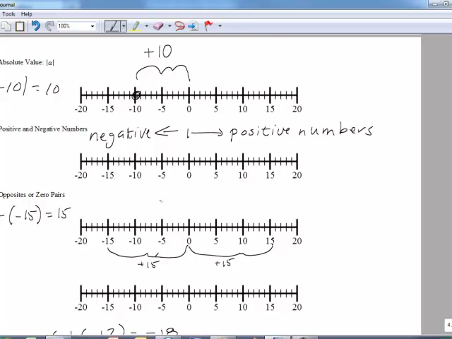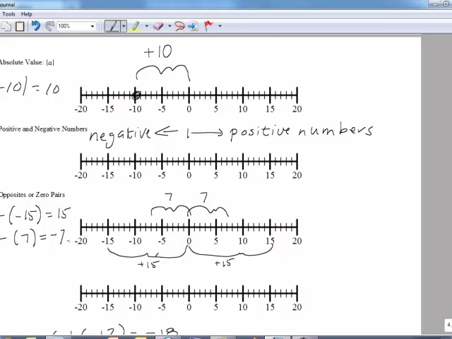Another one, we could say, what is the opposite of 7? The opposite of 7 is, and we can see here, this one is 7, and so 7 on this side would be negative 7.